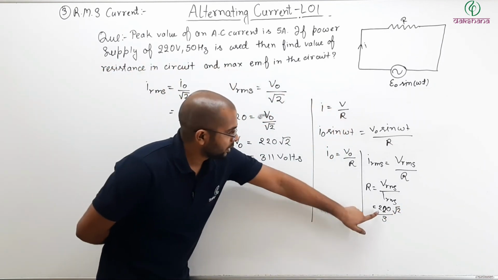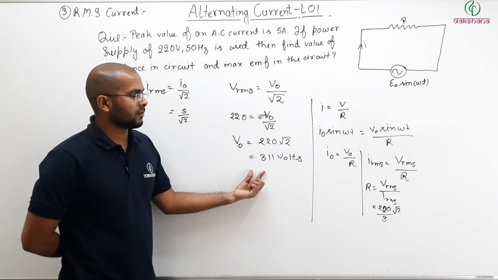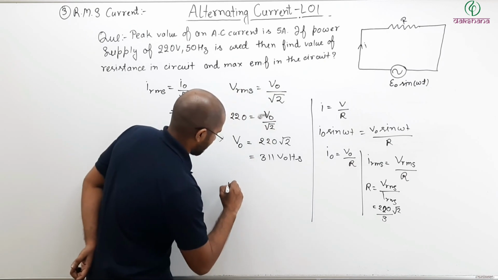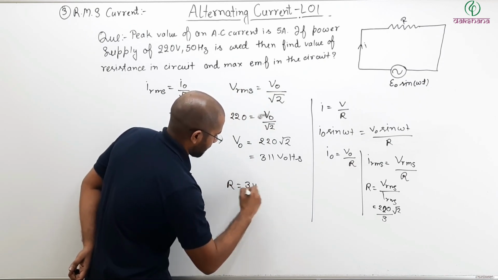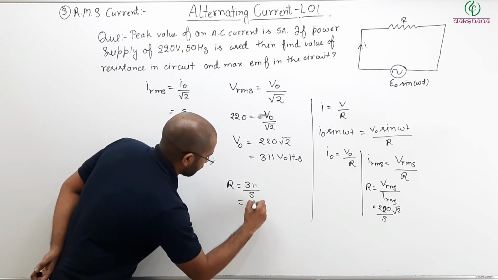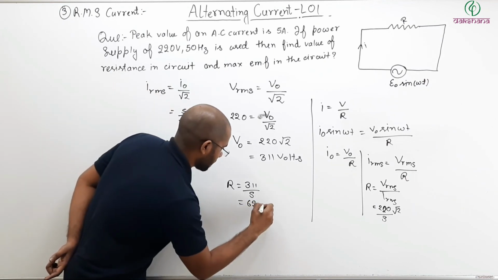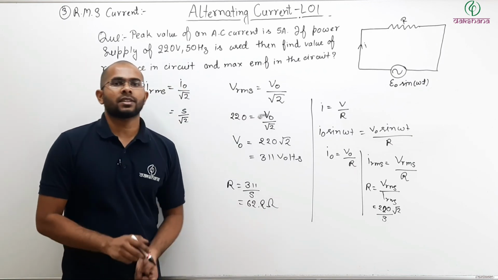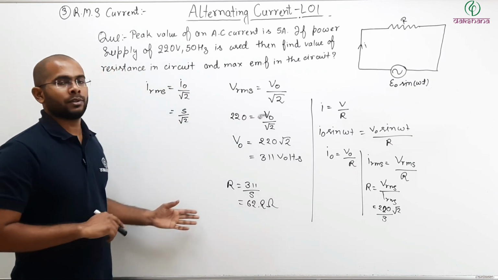So this is your 220 root 2, which is 311. 311 divided by 5. So your resistance is 311 divided by 5, which is approximately 62.2 ohms. That much is your resistance in the circuit. Pause the video, note it down.